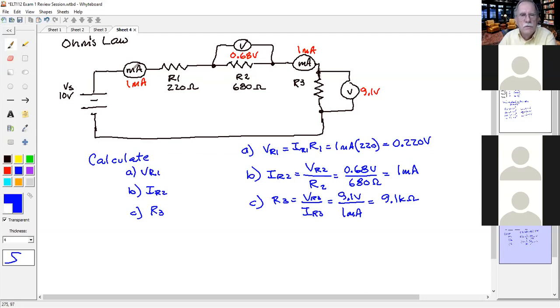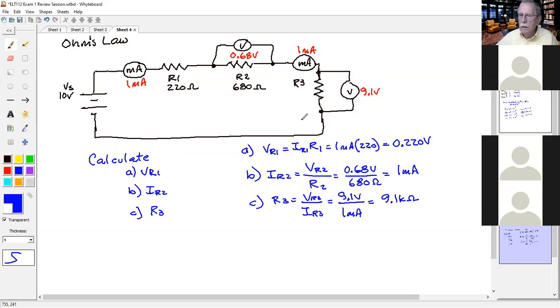All we need to know is that this meter is measuring the current that goes through here. This voltmeter is measuring the voltage across this resistor. This milliammeter is measuring the current that goes into this resistor. This voltmeter is measuring the voltage across that resistor. So the voltage associated with R3 is this, current is this, voltage associated with R2 is this, current associated with R1 is that. Okay?